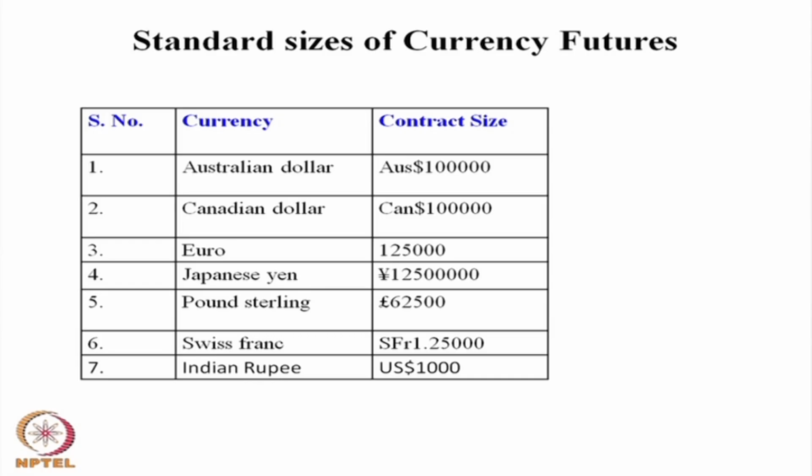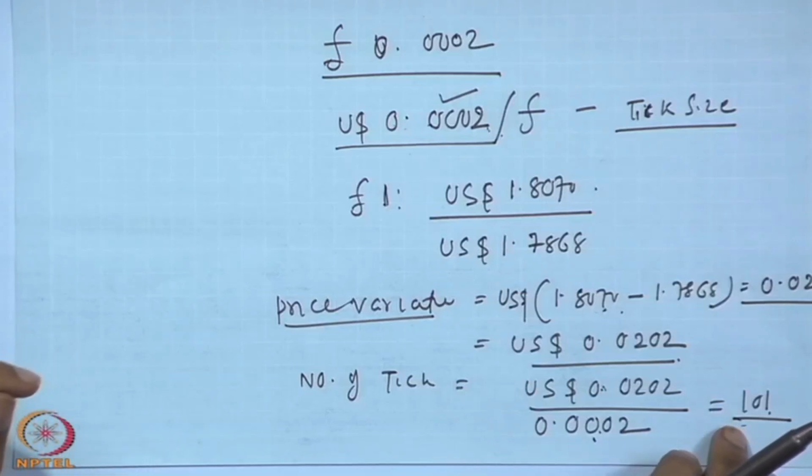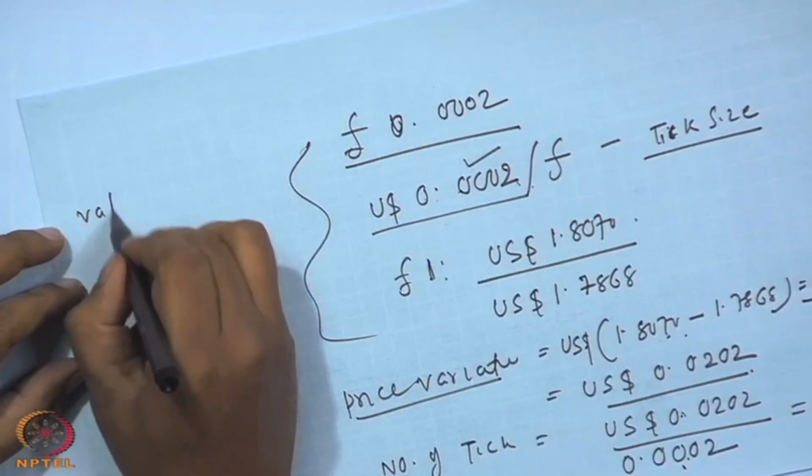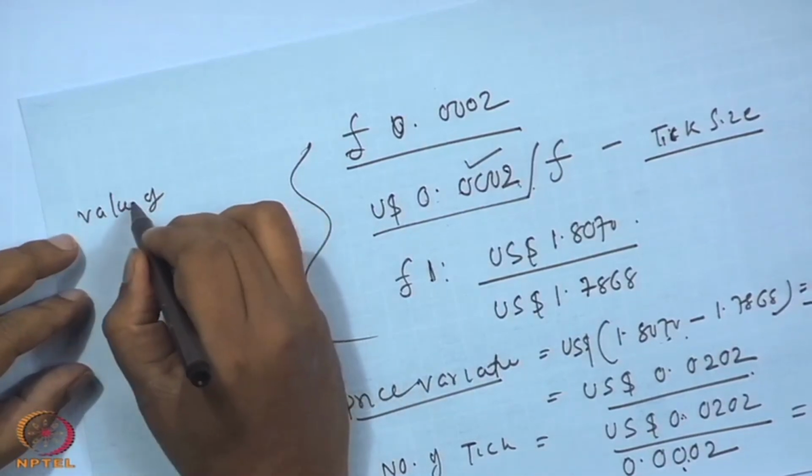But what is the size of the future contract in case of pound sterling? The size of the future contract is 62500. If you multiply the number of ticks by the contract size, you get the price variation. Suppose you want to calculate the value of one tick.